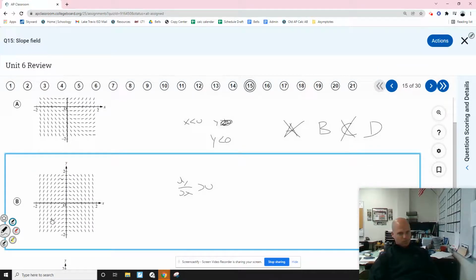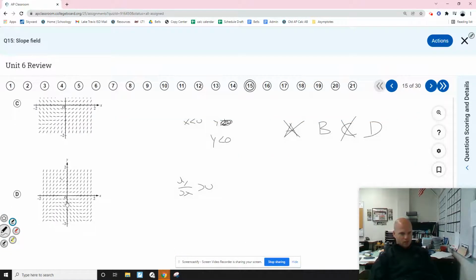I do not see a slope of 0. Let's look at D. Negative 1, negative 1. Yeah, I can see that slope of 0 at negative 1, negative 1. So boom, process of elimination, D. So many other ways to do it. Whichever way works for you, just make sure it makes sense to you. You're plugging in points. Dy dx gives you a slope value. You're plotting the little tiny slopes.